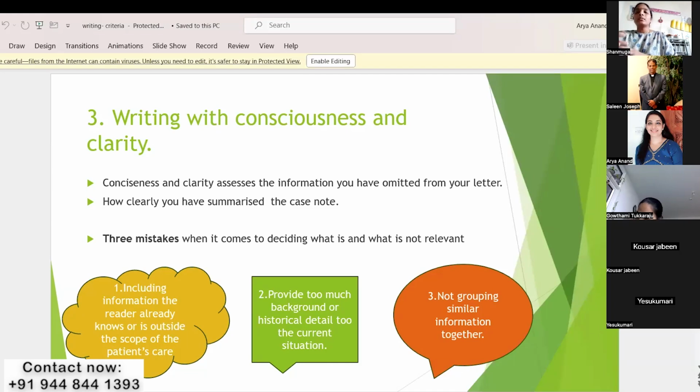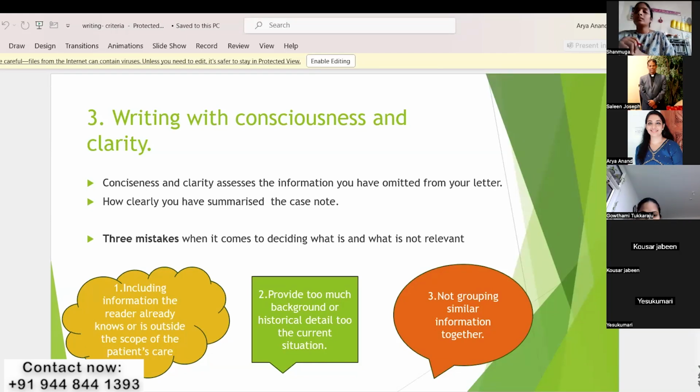The second mistake is providing too much background information. It is really relevant if you are writing to an occupational therapist. As I said earlier, no need to include all the social history because he is going to receive rehabilitation therapy. So that patient doesn't need too much information beyond the current situation.